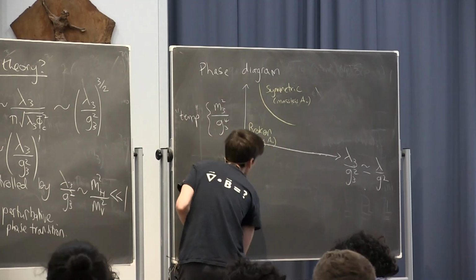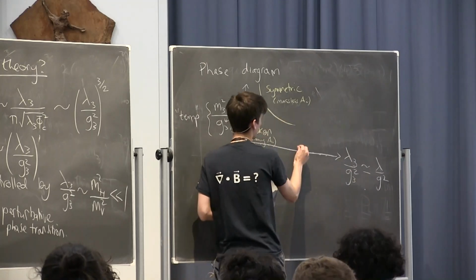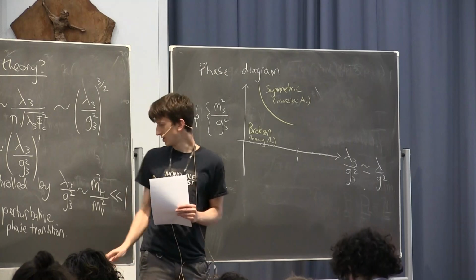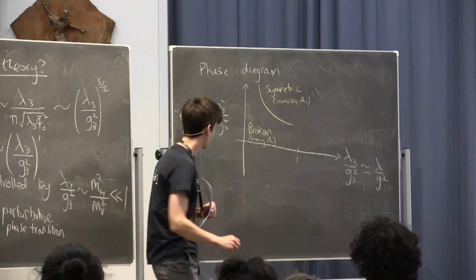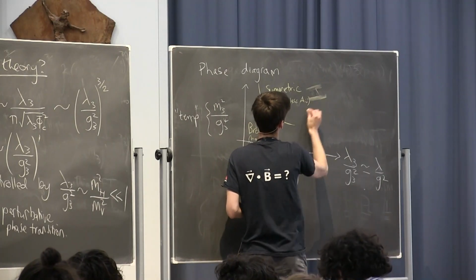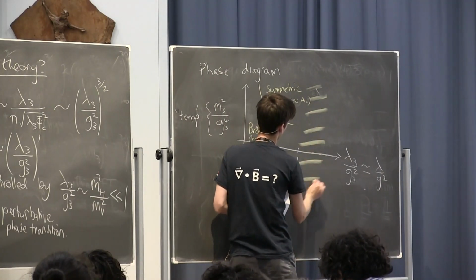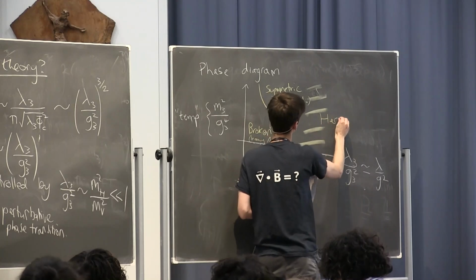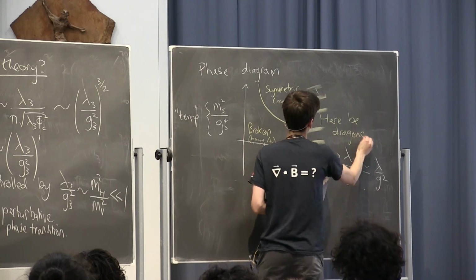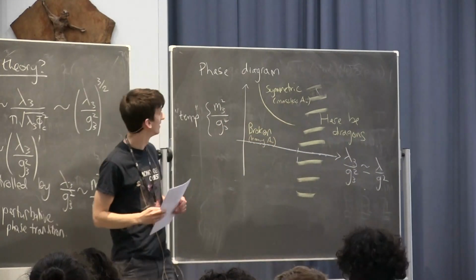But at some point, we're going to hit lambda 3 on g squared is about 1. And once we do that, we no longer have a scale hierarchy and everything breaks down. So we have another here be dragons. But we've made good progress.